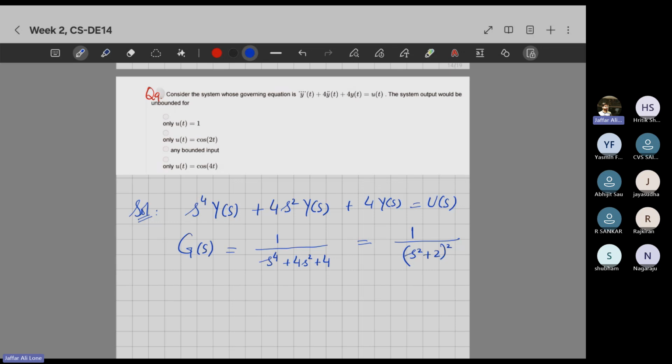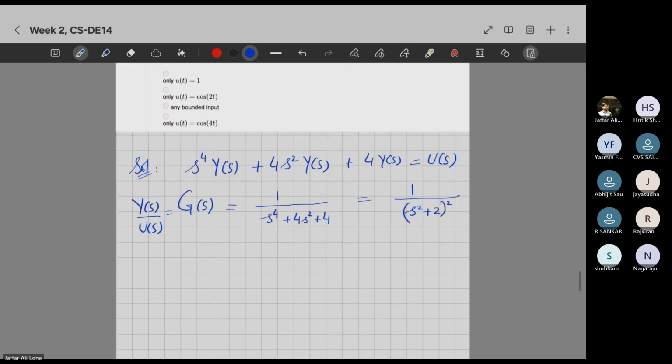Now tell me, this G of s is Y of s over U of s equal to this. Now the poles are s equal to plus minus root 2 j, plus minus root 2 j, because you have s to the power 4.